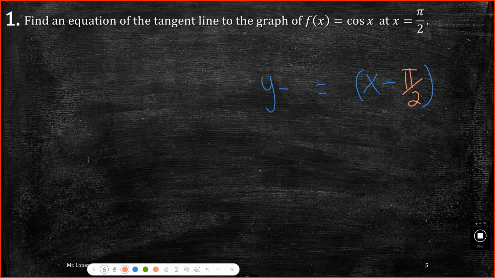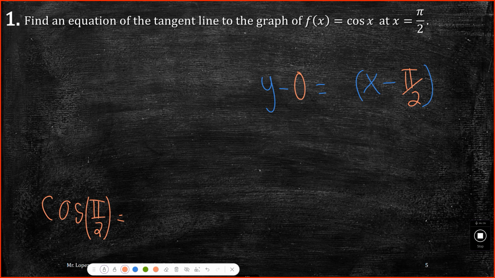What's the cosine of pi by 2? 0. For those that don't know the cosine of pi by 2, I included the unit circle. We're going to go over the unit circle after this one, because I'm going to show you a trick on how to do this. Cosine pi by 2 is 0.